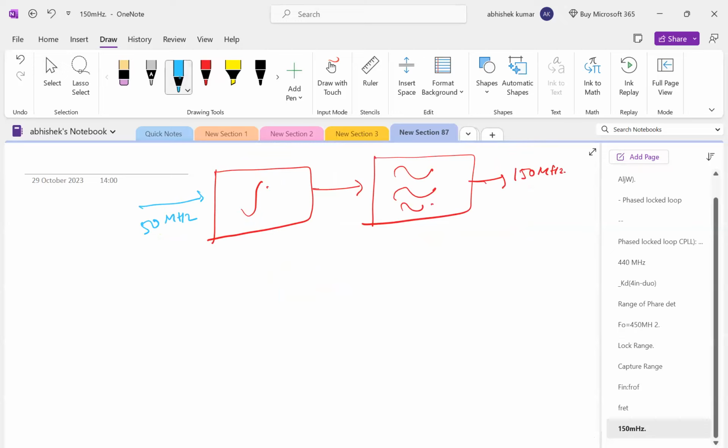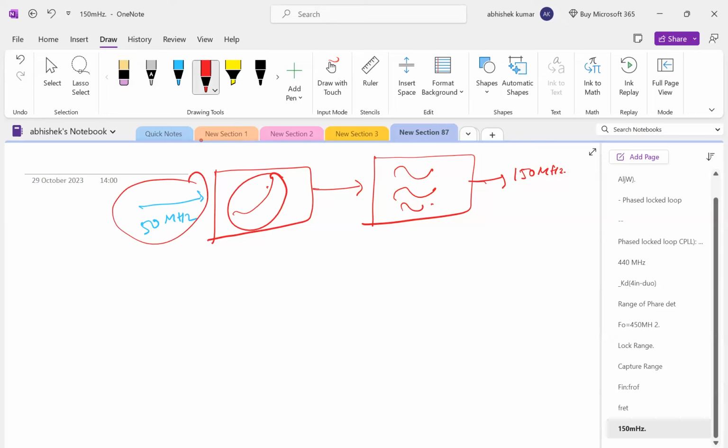How are we doing this? We are multiplying by n. We have a nonlinear element here, and it generates different harmonics, multiple frequencies. We use a band pass filter to select the desired frequency and pass it. Or we can divide by n and get a different frequency likewise.